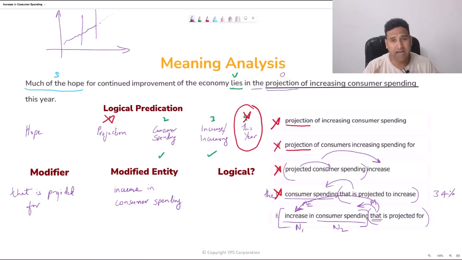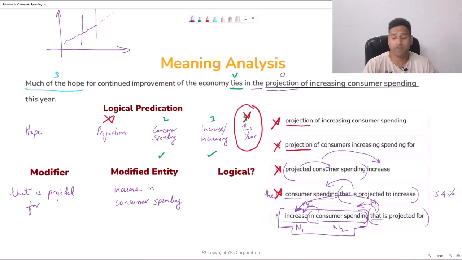But this can only happen, right? The only caveat is that the modifier in between should modify that noun, should be part of that noun. Only then can "that" refer to "increase," because technically this entire noun phrase is the immediately preceding noun. And that's what we see on our hand.